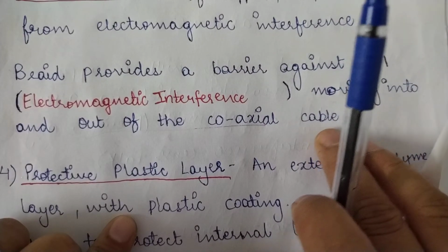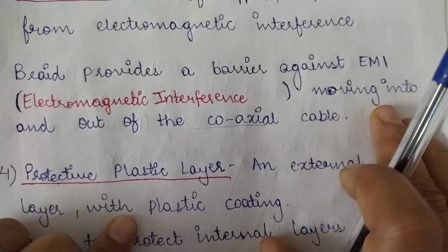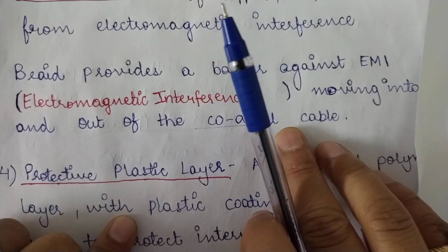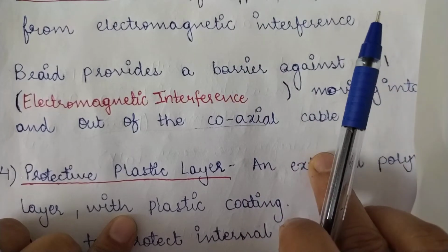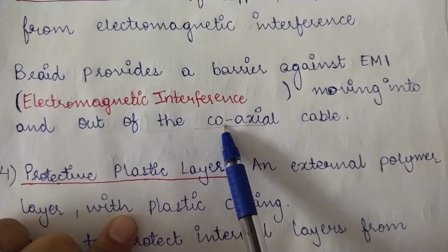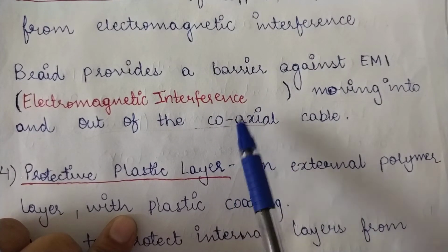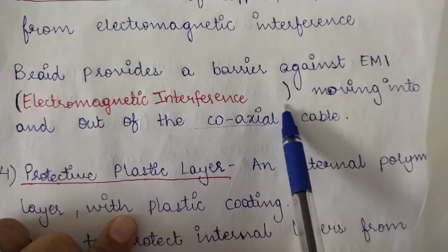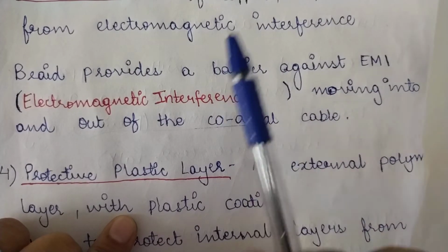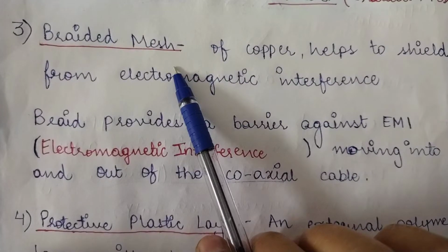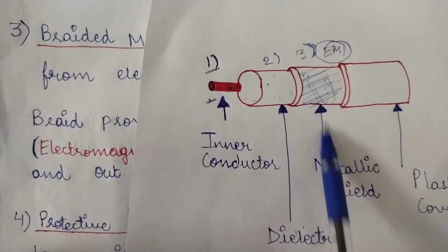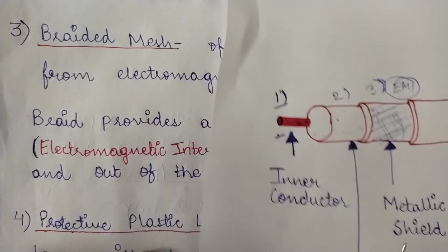Further, I do not want any unwanted noise from the outside to enter inside the coaxial cable. This task of preventing any leakage from the actual copper conductor and any outside noise entering the copper conductor is handled by this braided mesh, that is your metallic shield.